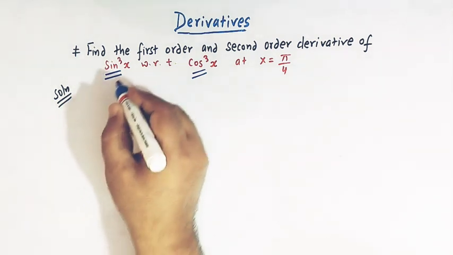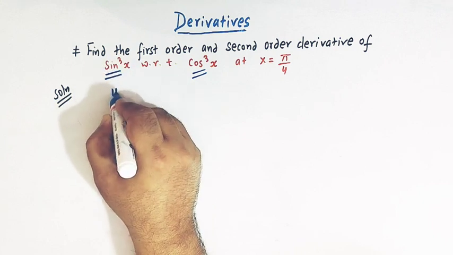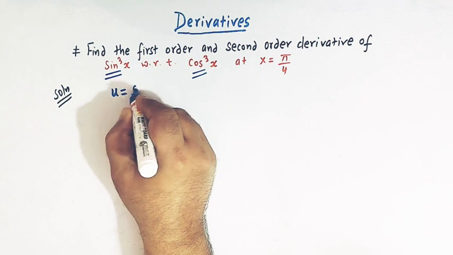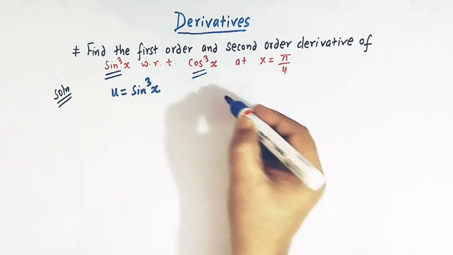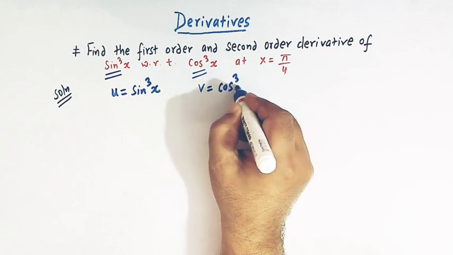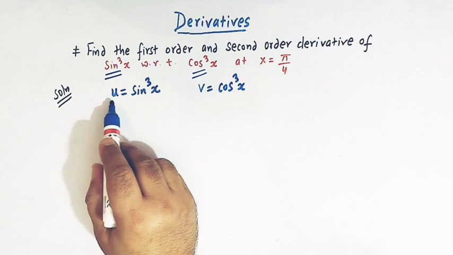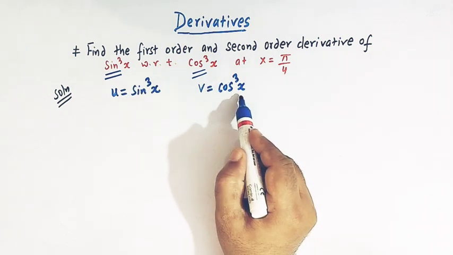So in such cases, what we do is assume the first function as u. We'll take u = sin³x and v = cos³x.